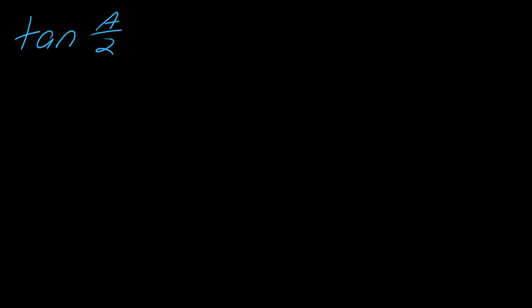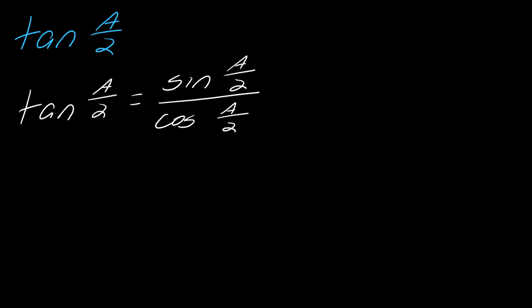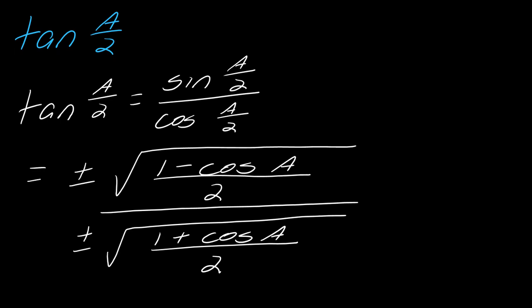The last one that we have to worry about is tangent of a over 2. We actually have a few different options for this. One way we could think about it is that tangent of a over 2 is equal to sine of a over 2 over cosine of a over 2. So I just use the quotient identity for tangent. Then I can write out what those two identities were, what we just proved.